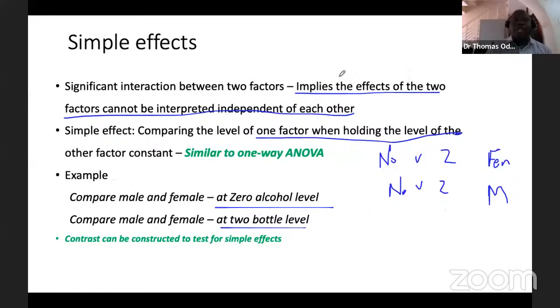The problem with that is what we call type 1 error. Type 1 error talks about the amount of error you're willing to accept for rejecting the null hypothesis. For every comparison that you make, you're going to make type 1 error.